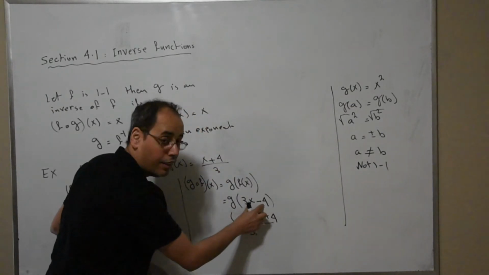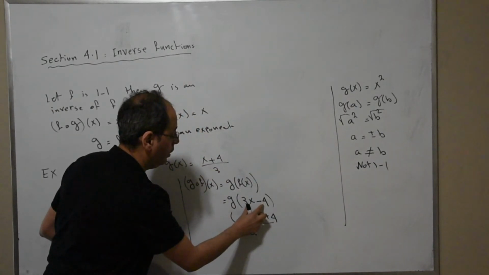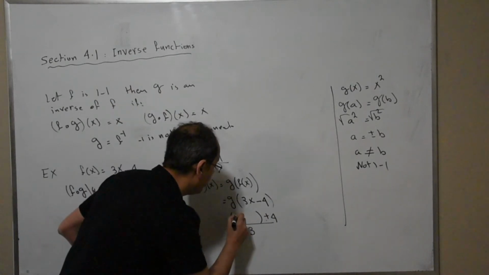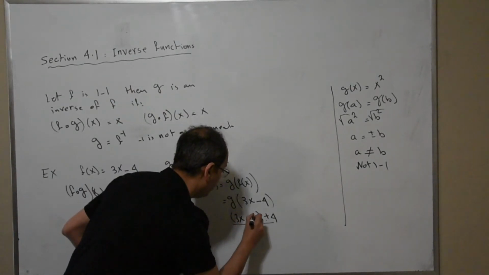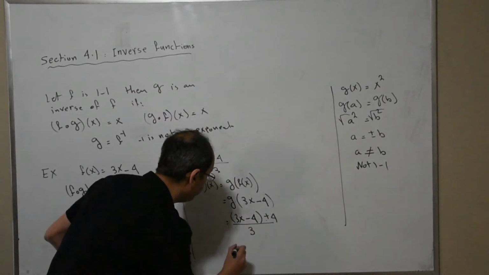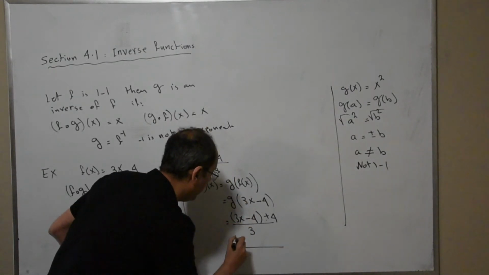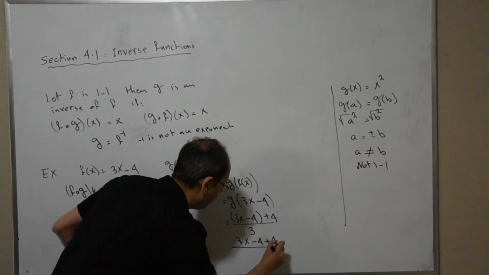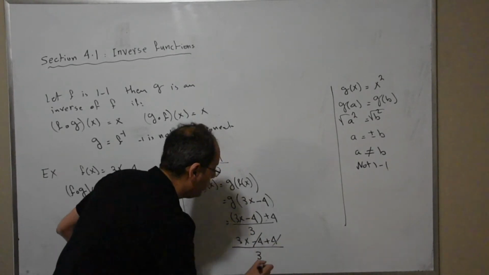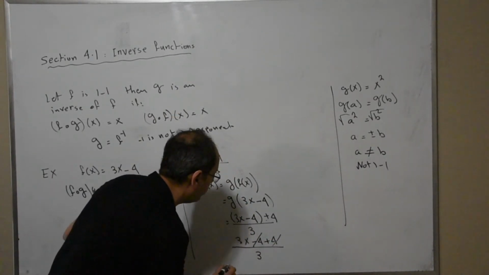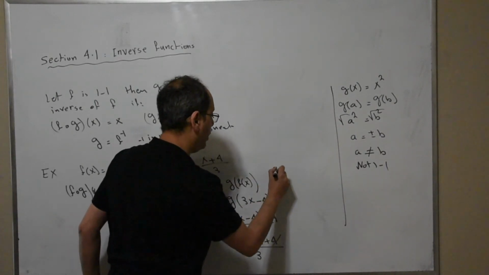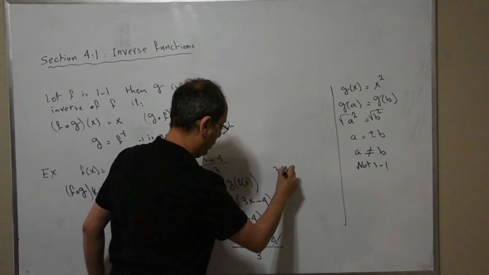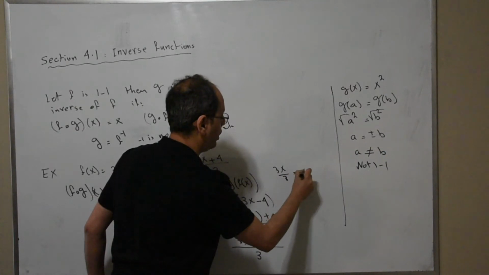And now I plug this input here, which is 3x minus 4. So now I have in the numerator 3x minus 4 plus 4 over 3. So -4 and 4 are cancelled out, and I get 3x over 3, which is x.